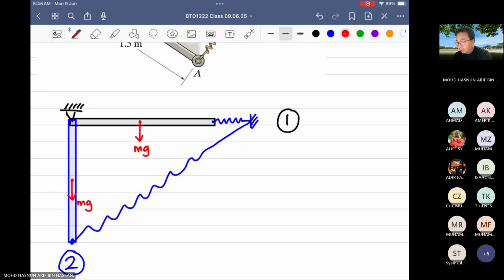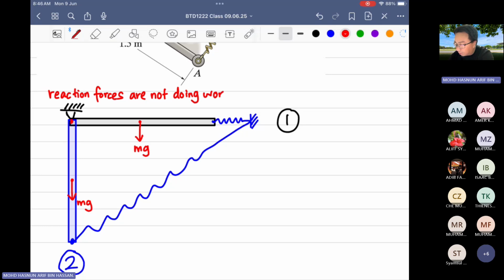Then we have the reaction force at the pin, but the reaction forces at the fixed point are not doing work. So for this case, you do not have to draw the reaction forces, because they do not do work.